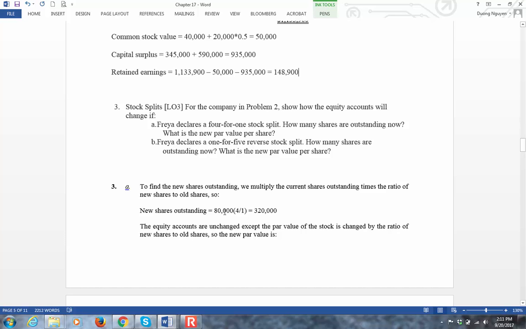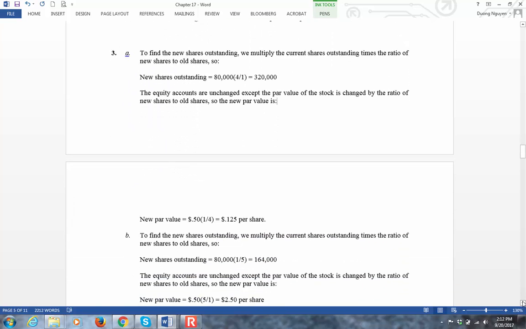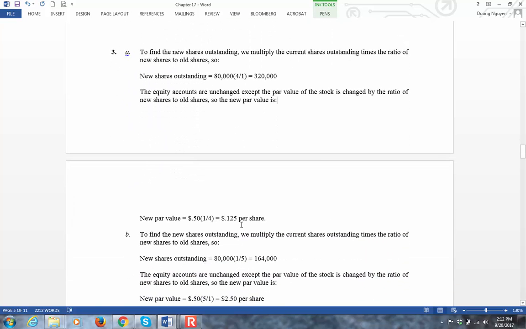Right now 80,000 shares. After the split it will be 320,000 shares, and the par value has to decrease by 4 times. Before it is 50 cents, now decreased by 4 times, it is only $0.125.